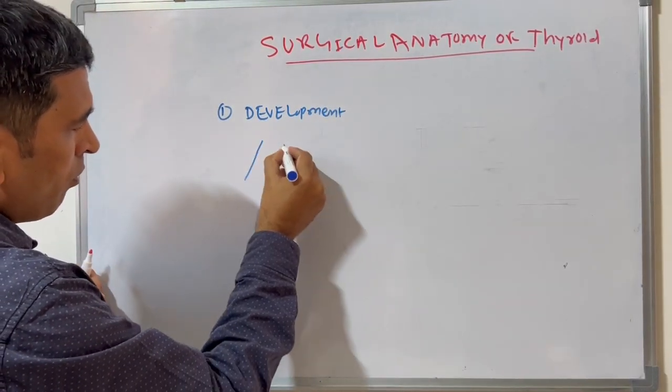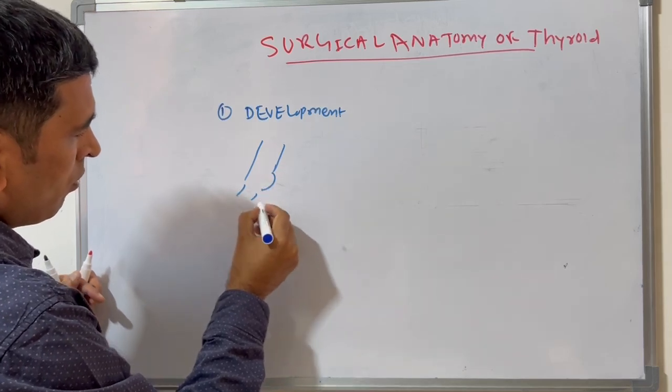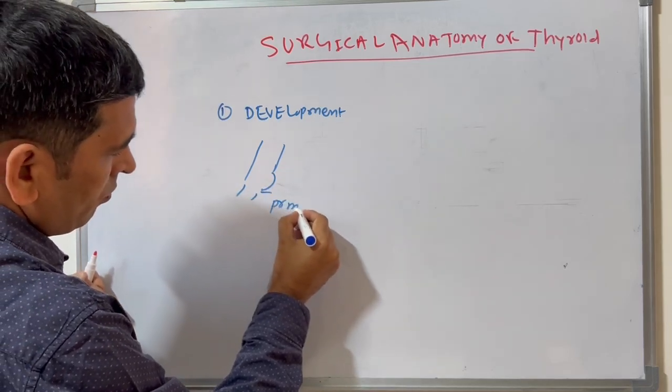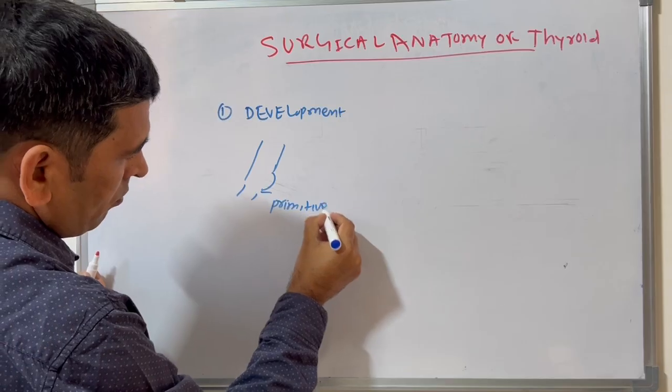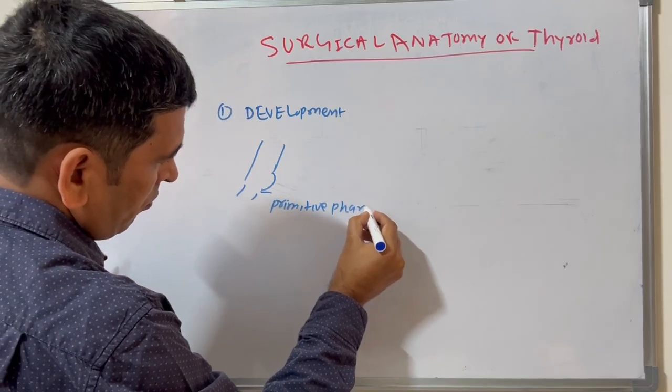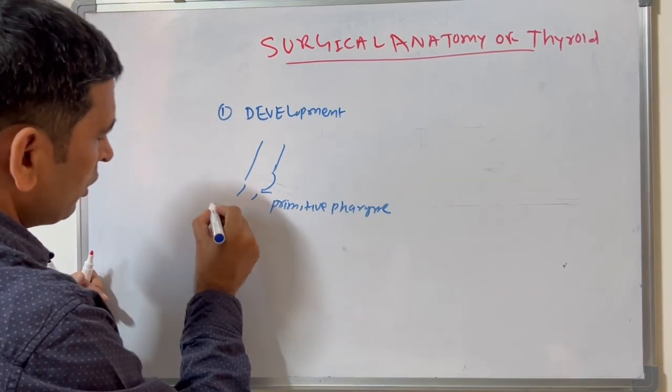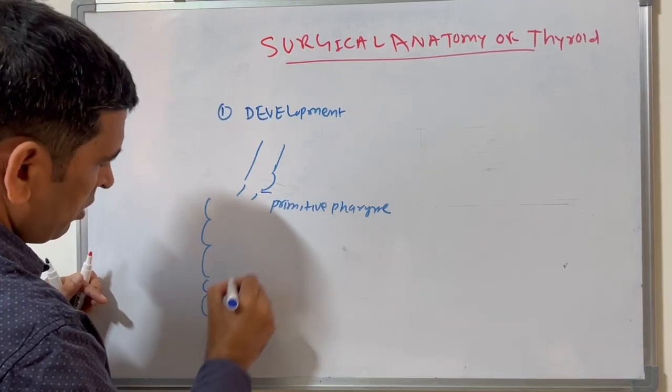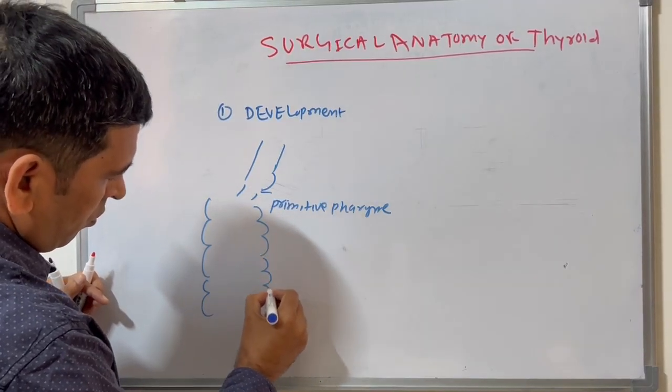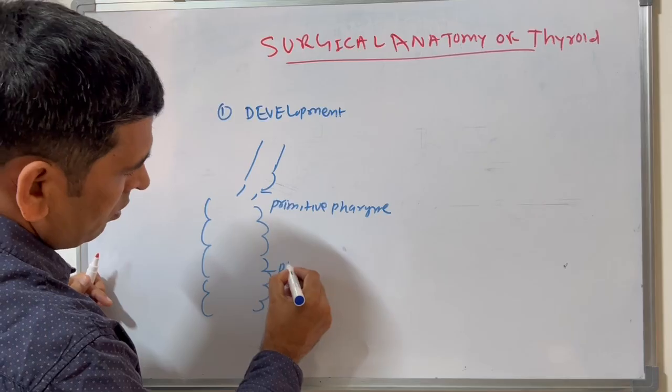This is the primitive pharynx, and these are the pharyngeal arches.